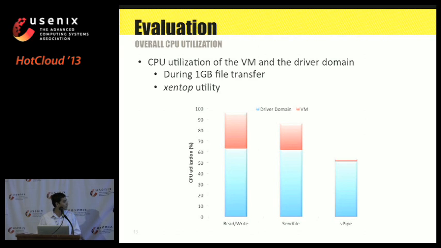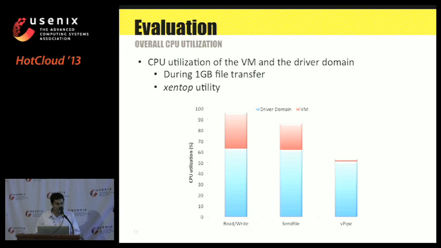For read-write, there is the most CPU consumption because you do both kernel level and application level processing. For sendfile, you eliminate the application level processing because of the kernel shortcut, but the kernel still processes data. For vPipe, we have the least, because once you get the file blocks and the socket information and offload the operation to the driver domain, nothing has to be done in the VM context.